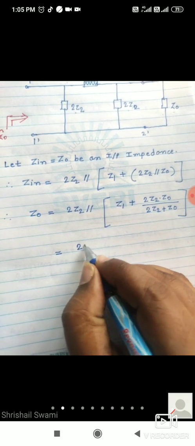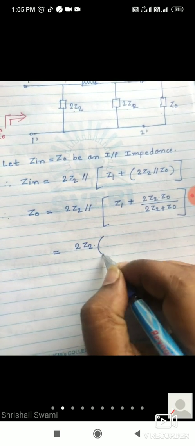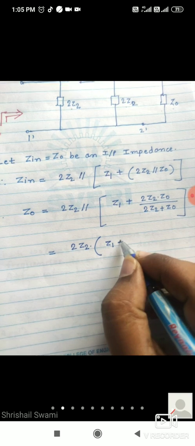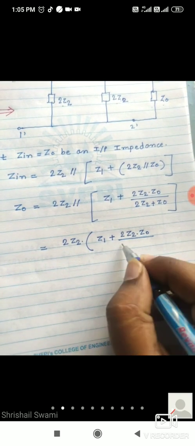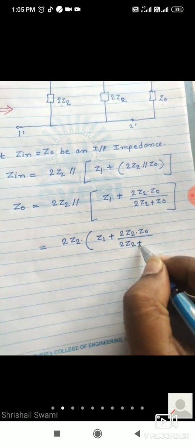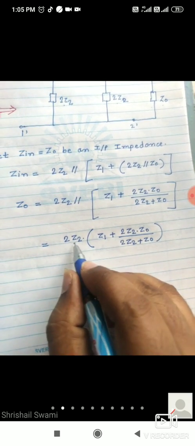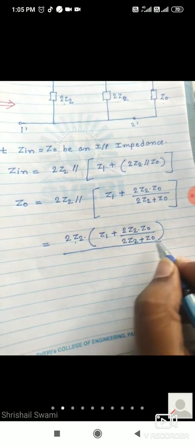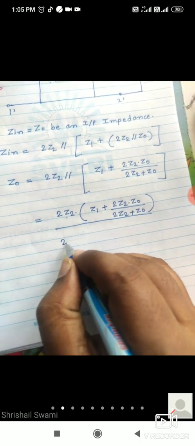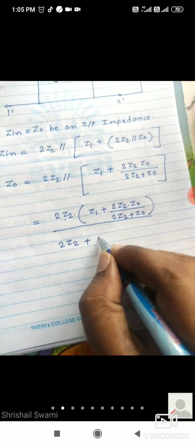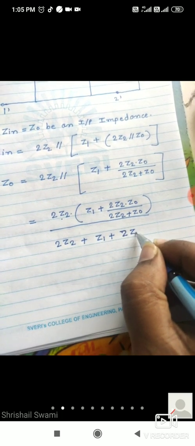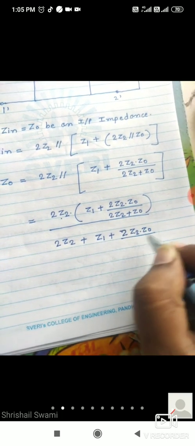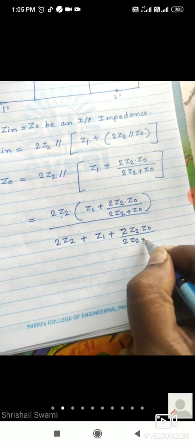Now what to do, 2Z2 into this bracket, that is Z1 plus 2Z2 into Z0 divided by 2Z2 plus Z0, that is R1 into R2 divided by R1 plus R2, that is 2Z2 plus Z1 plus 2Z2 into Z0 divided by 2Z2 plus Z0.